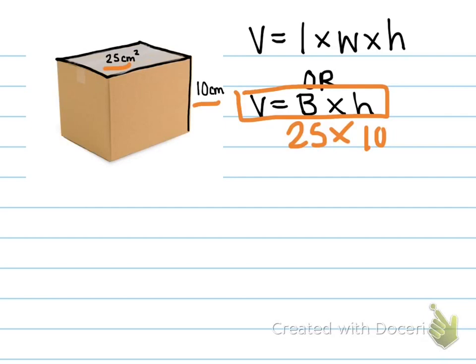When we multiply them together, we get 250. Don't forget to label units. Since they gave us the measurement in centimeters, we must keep it the same. The volume is 250 cubic centimeters.